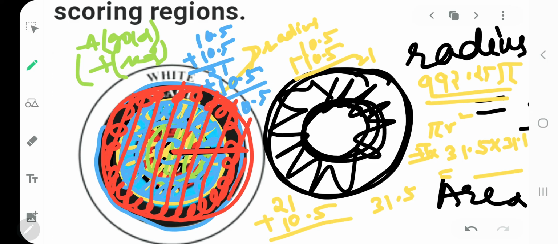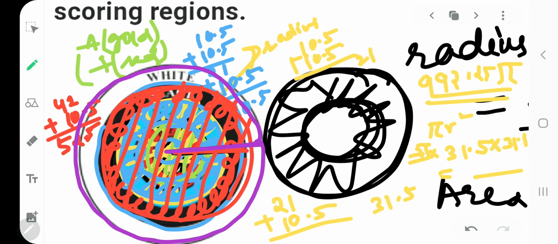Then if I want to go for white, I will add 42 plus 10.5 more, that will make 52.5. So I got the radius of my outer extreme, this bigger circle, as 52.5.